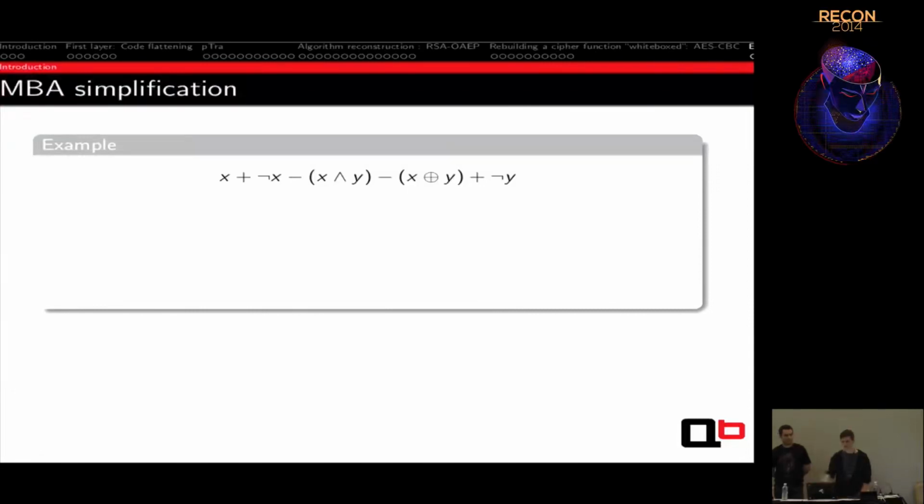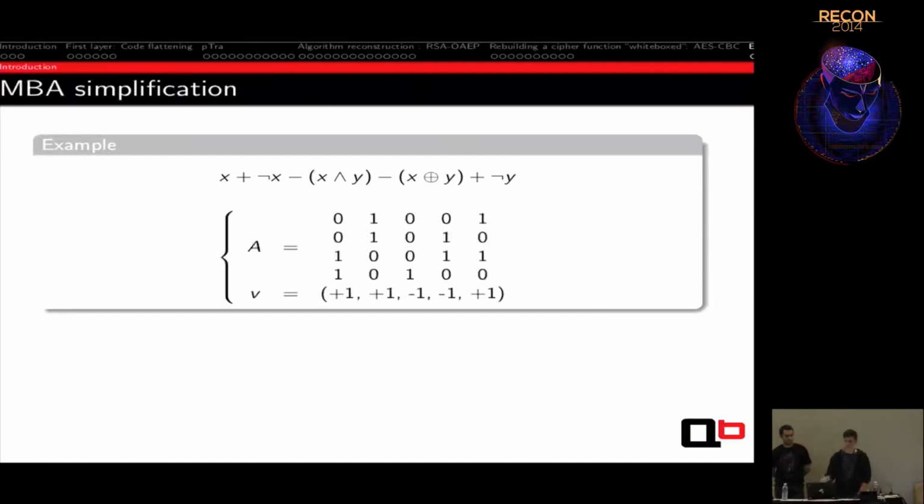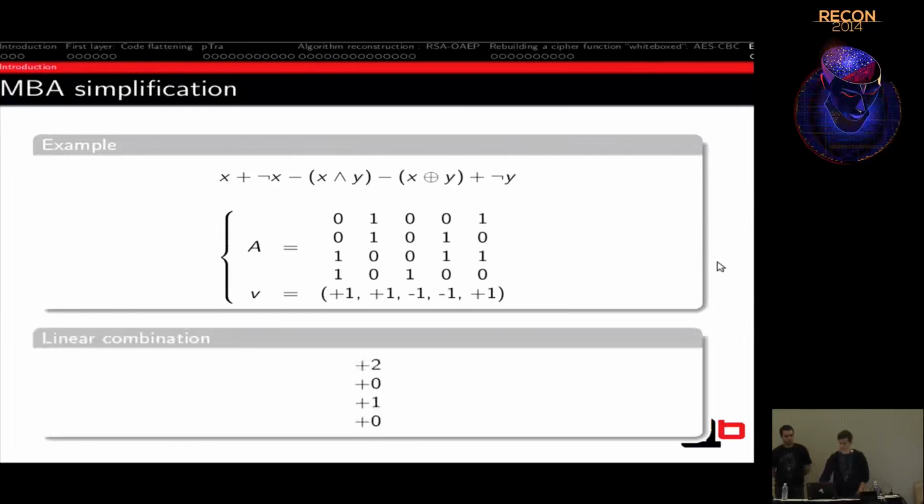So if you want to simplify this expression, which is weird, we compute its representation. So this one is for x, this one for not x, and so on. The plus, plus, minus, etc. We compute the linear combinations of the 2, which is the 1 plus 1.